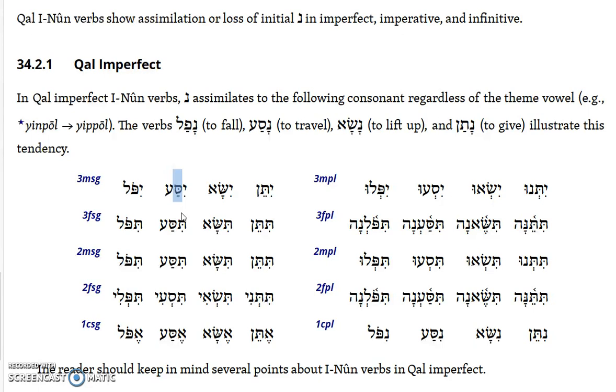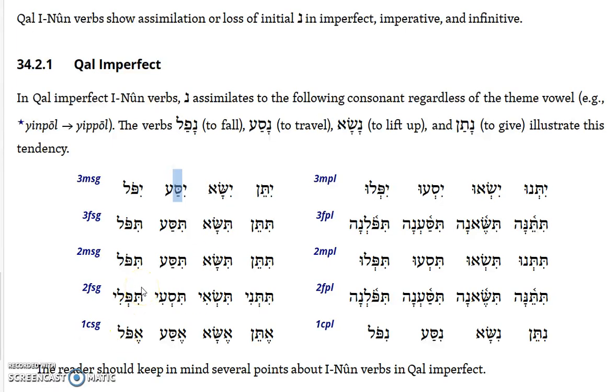At least in my imagination, that's what I see there. So think of that dagesh as actually a noon for these types of forms. And the same thing is true of nasa, which means to lift up. Yinsa becomes yissa, and instead of writing it twice, you write it once and put a dagesh in it.